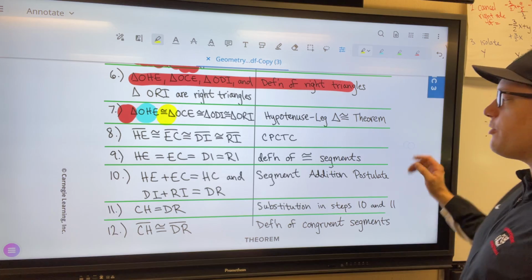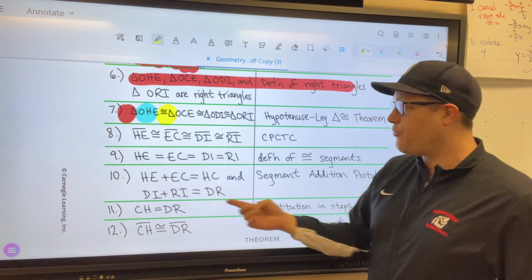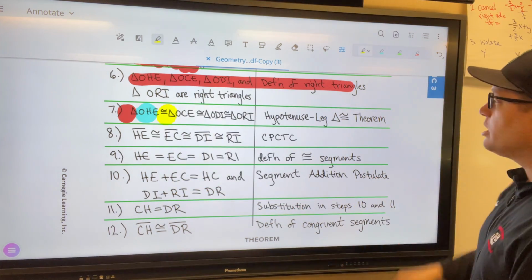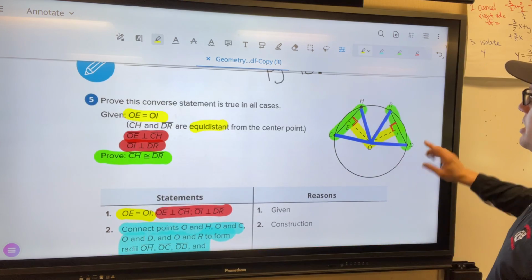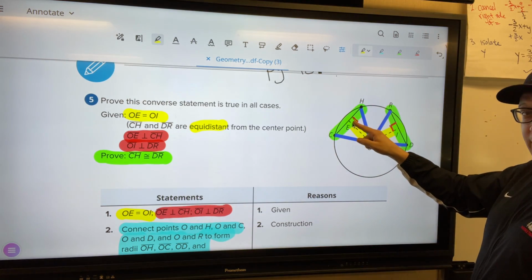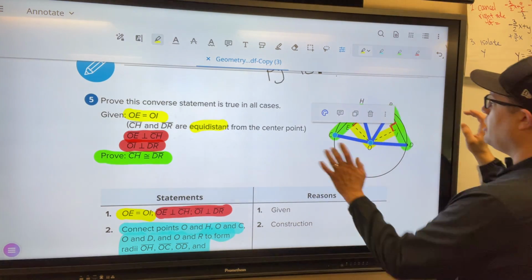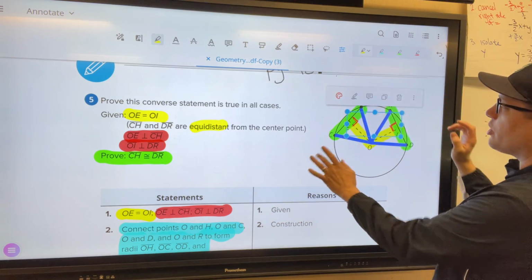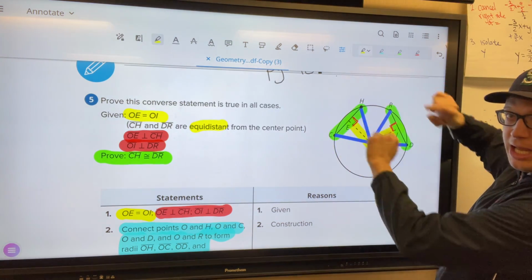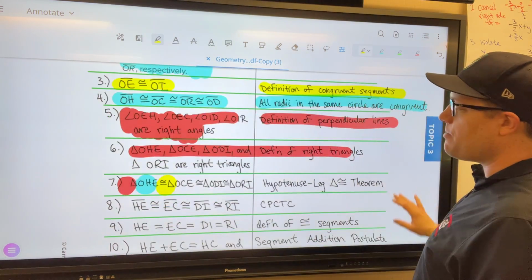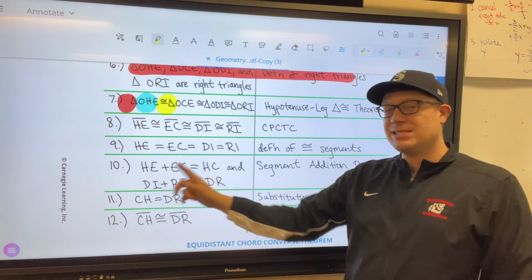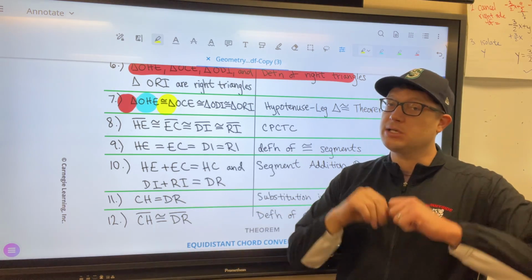Continuing on, we get further on down saying, okay, then if you add segments together, like if you add segment HE plus segment EC, adding these two segments together creates one long segment, HC. It does the same for RD. So adding segment pieces together gives us a longer segment.